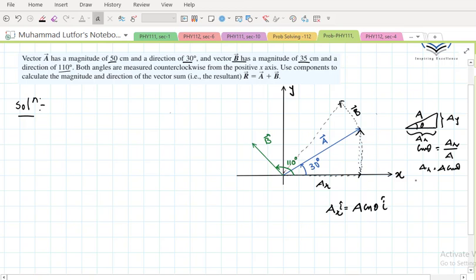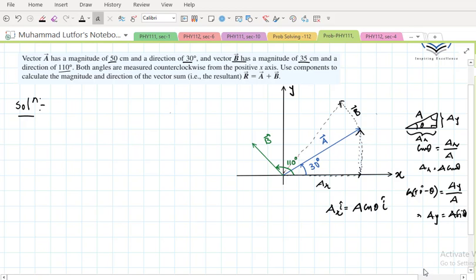The same way we can also find A y, because if this angle is theta and this is 90 degree, this will be 90 degree minus theta. In that case, cos of 90 degree minus theta would be A y, this is the base, divided by hypotenuse A. Then I will find A y would be A sin theta, right?